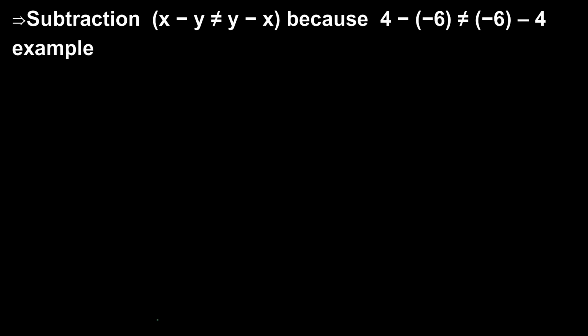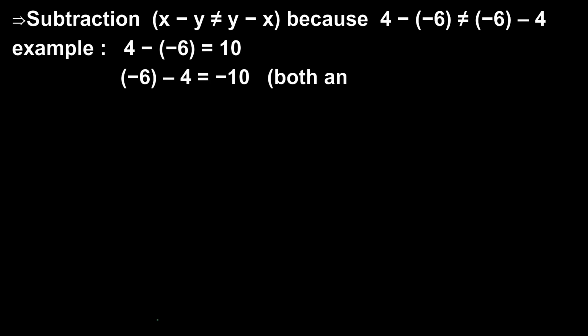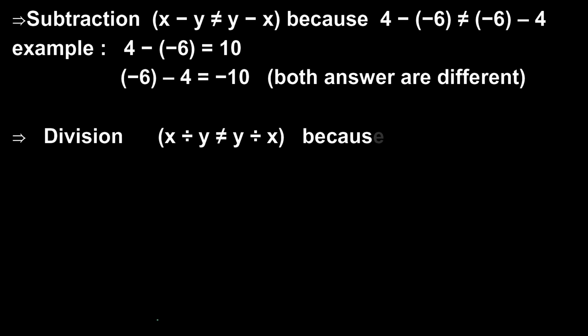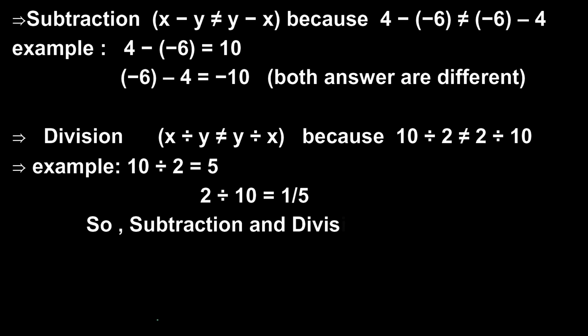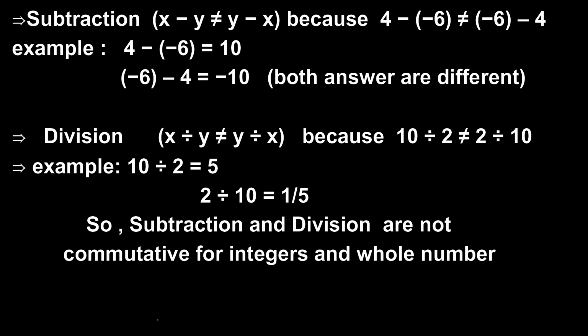For subtraction in the commutative property, as I have clearly written, x minus y is not equal to y minus x, because 4 minus minus 6 is not equal to minus 6 minus 4. Let's see in an example. 4 minus minus 6. 4 is a positive value, minus 6 is negative, but there is subtraction between the two.